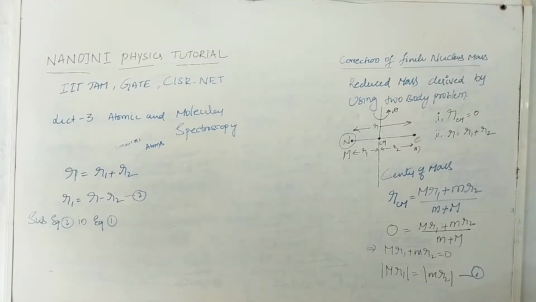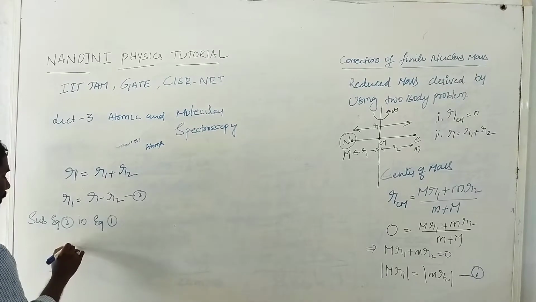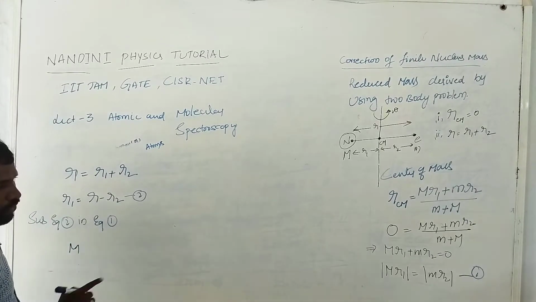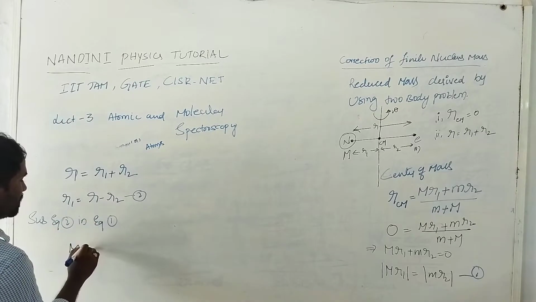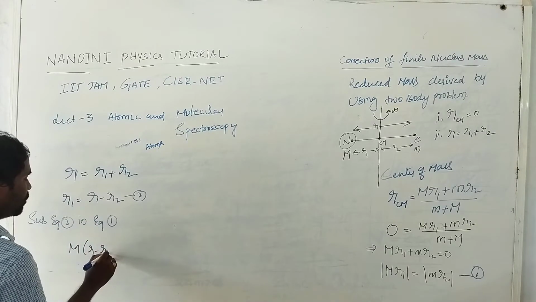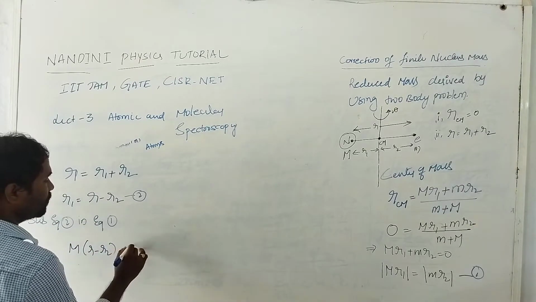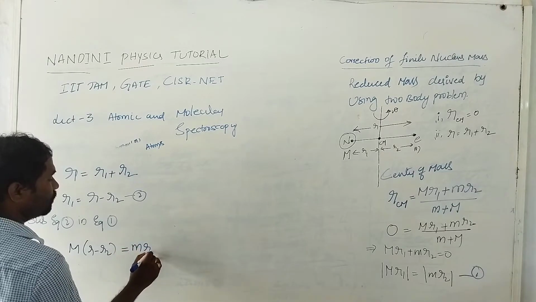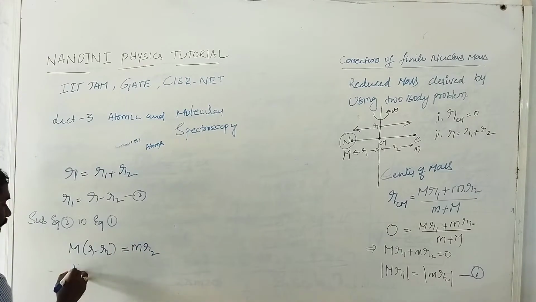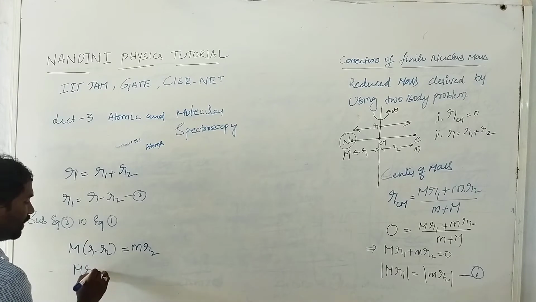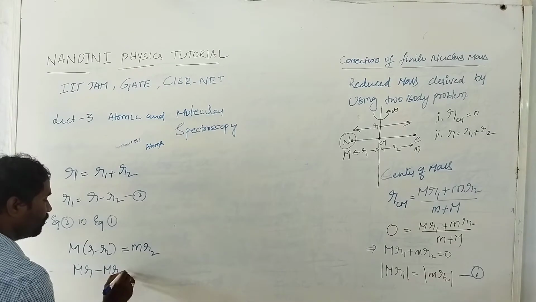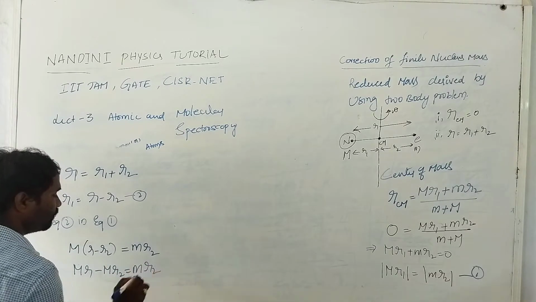So what will happen? Capital M into r1, and r1 is nothing but r minus r2, is equal to small m r2. Splitting the equation, capital M r minus capital M r2 is equal to small m r2.